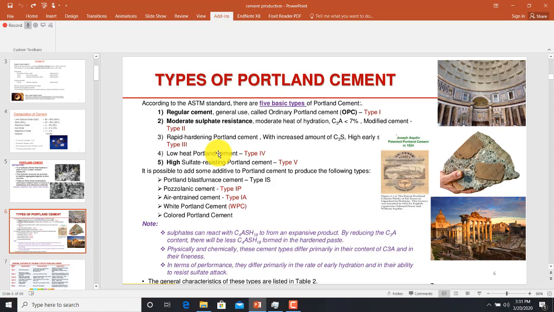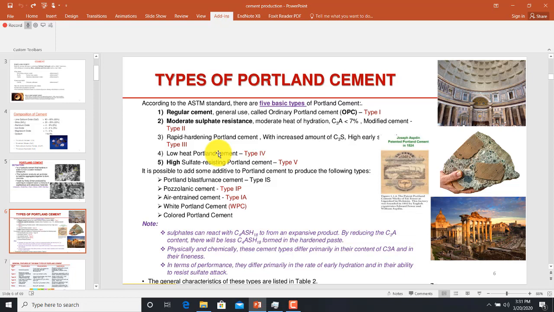It is used in wide applications, like if you are concreting in a very harsh, high temperature environment, then you will use a low heat cement. If you use the normal OPC cement in a very high ambient temperature environment, it would crack, it would shrink, it would not satisfy all the requirements of the concrete.